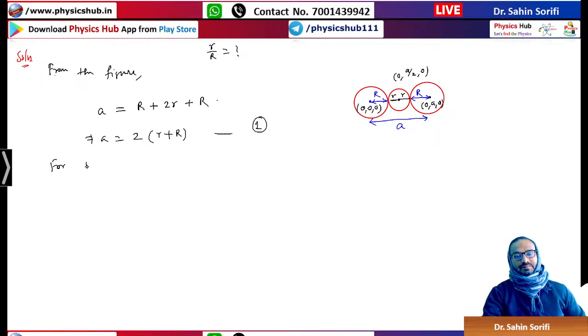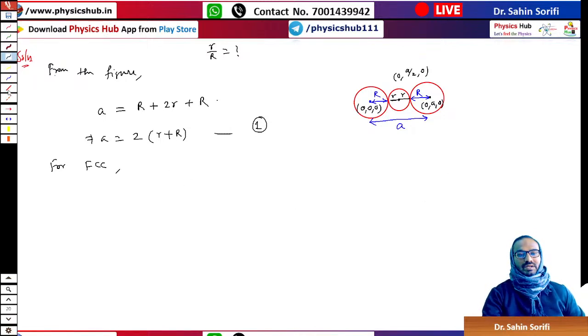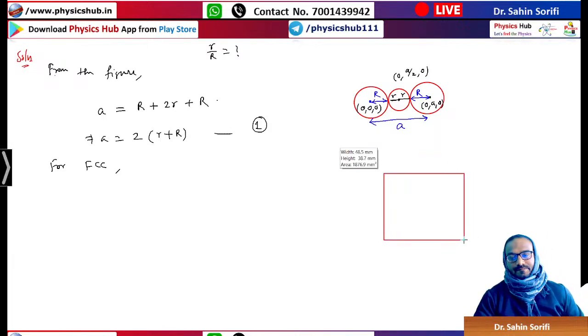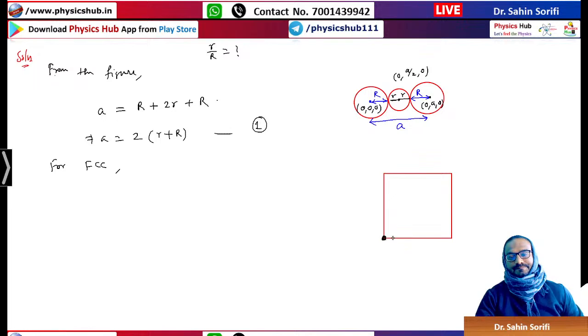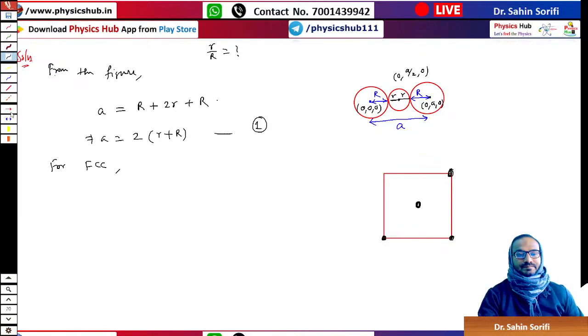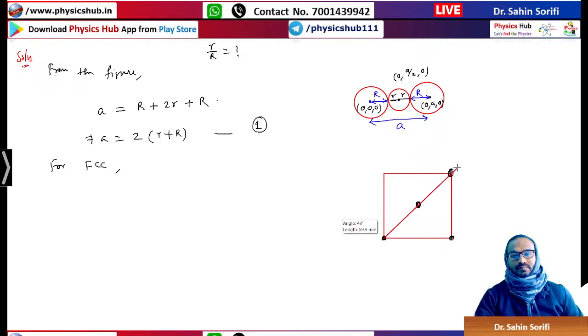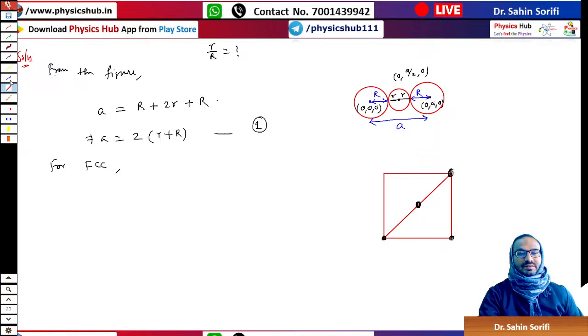Now for FCC, you already know that the atoms touch along the face diagonal. If you consider this is one face, then we have the atoms here. What is this distance?